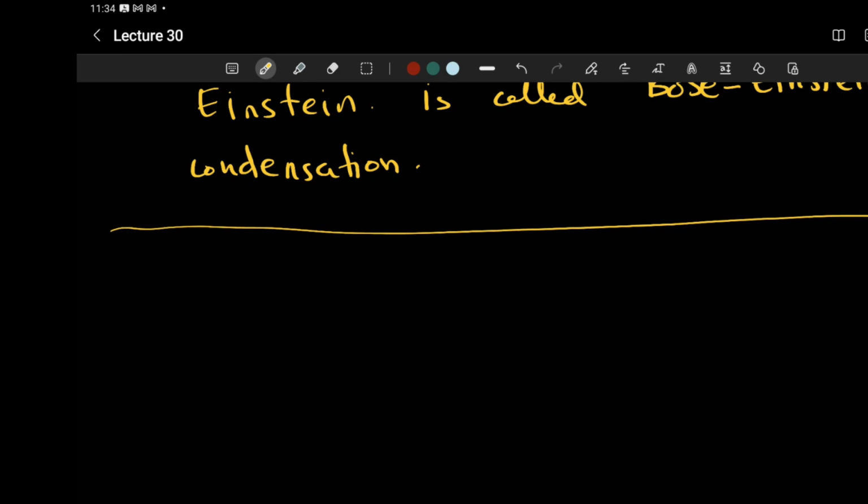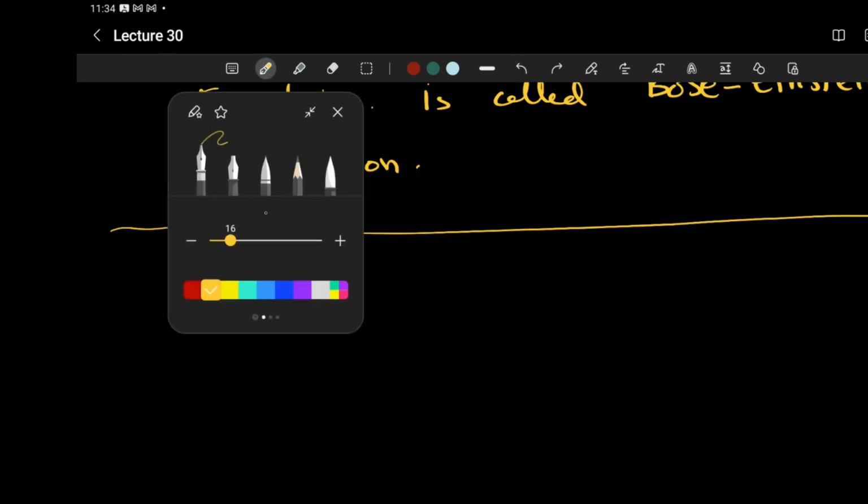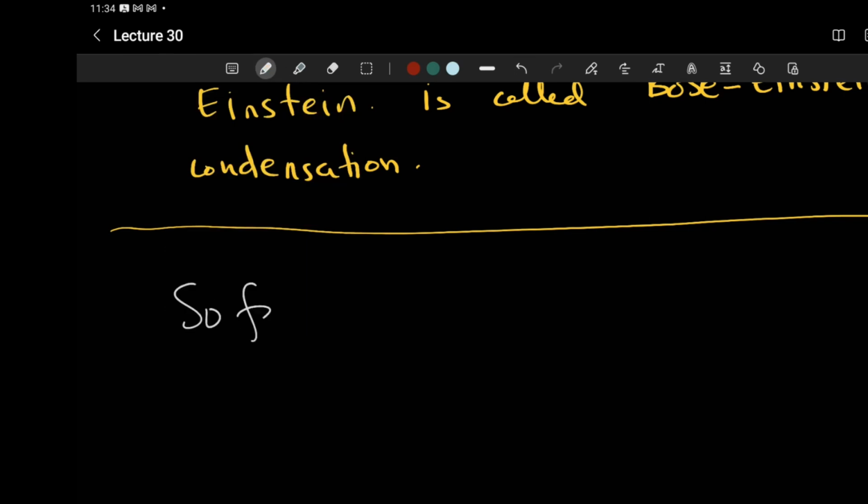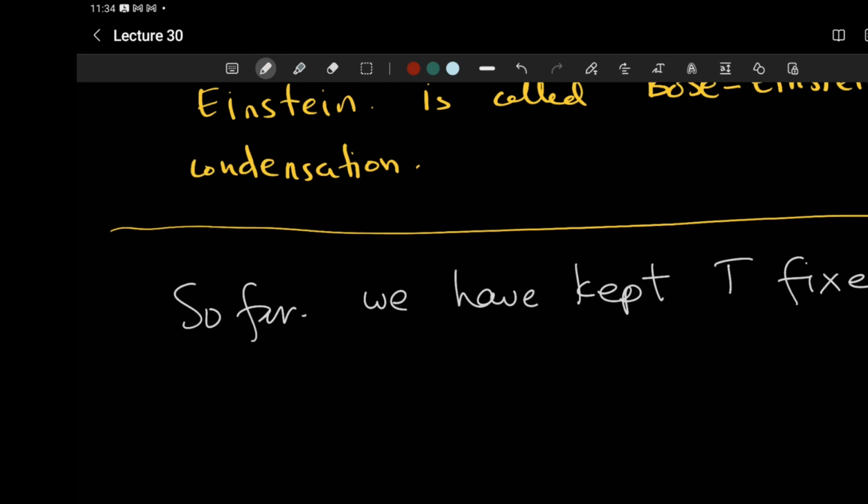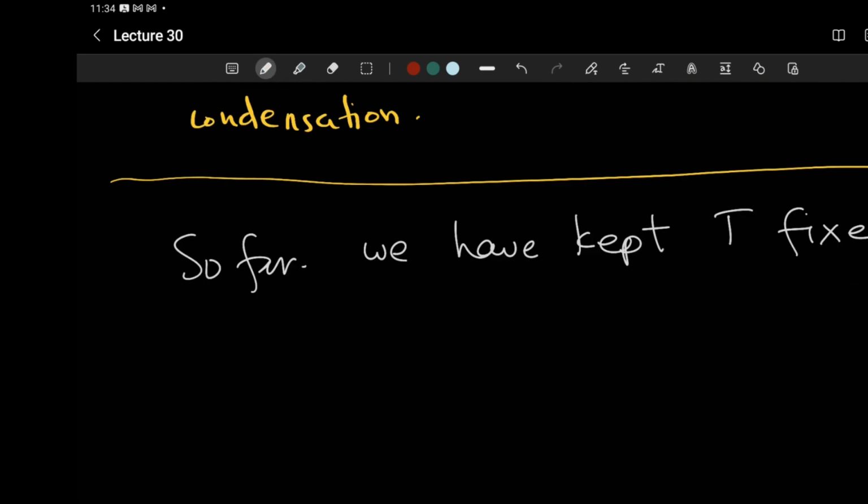Okay, so let me just mention that there's a critical temperature. So far we have kept T fixed. Okay, so recall that V naught depended on temperature.